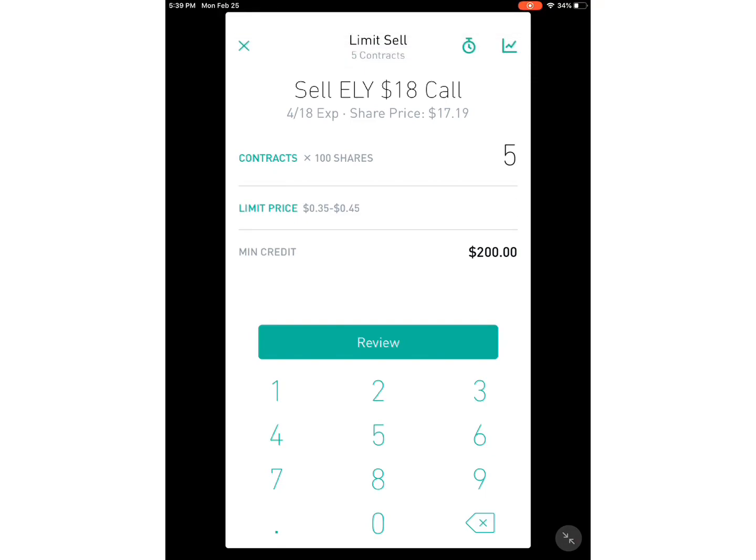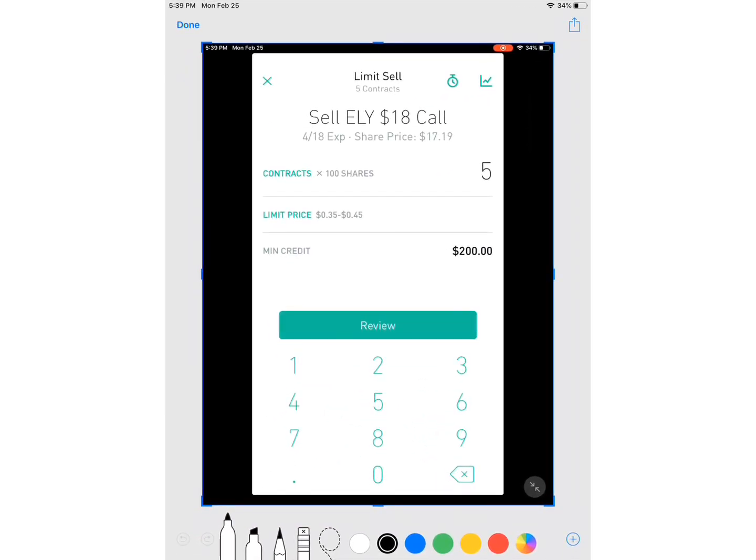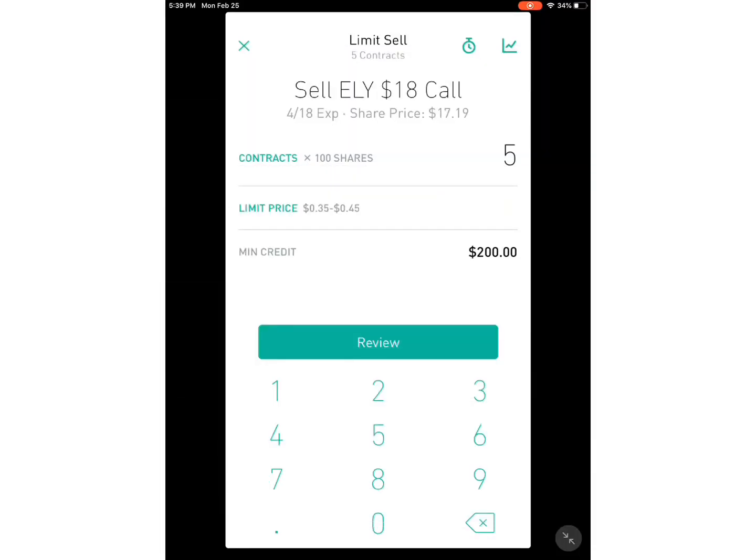I'm doing 0.35, so bam, 0.35 because I'm selling. Forgot about that. We're selling our contracts. So I would do 0.35. Bam. So I would profit maybe $5 off this. So I'm going to hold this a little longer. But that's how you sell your positions on Robinhood.